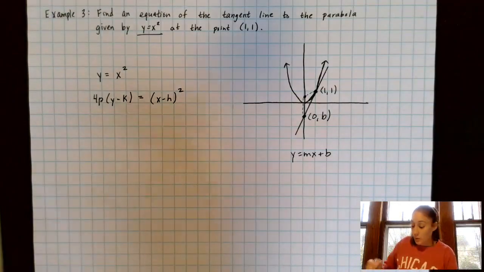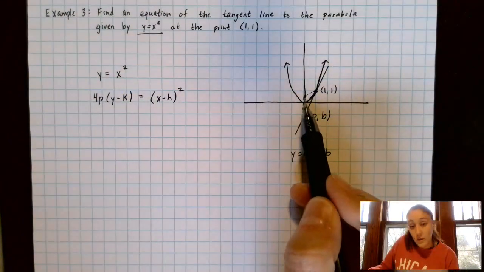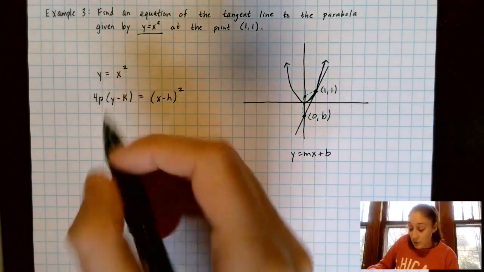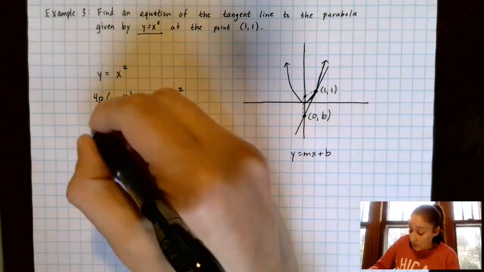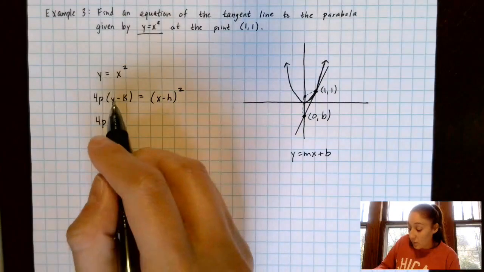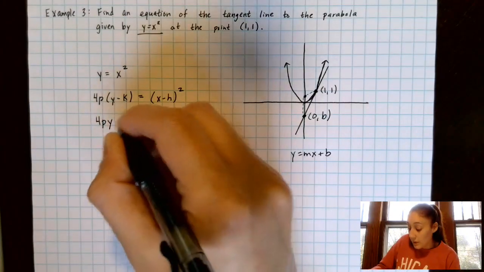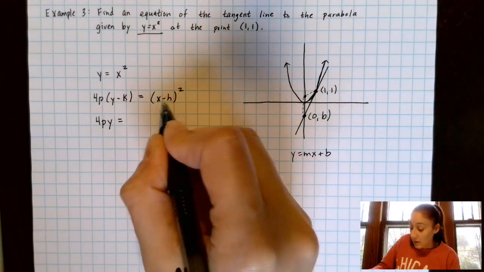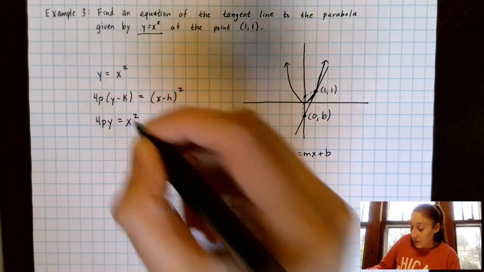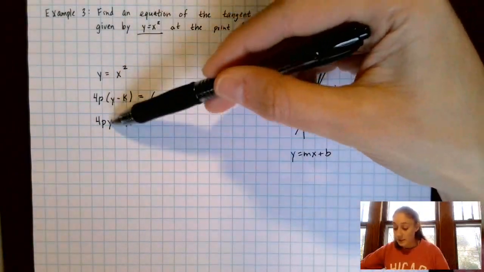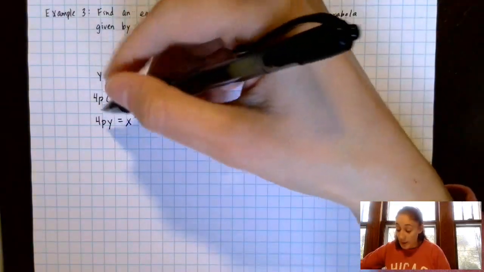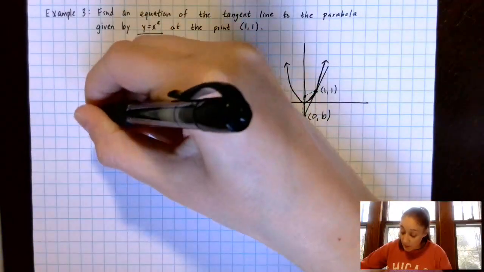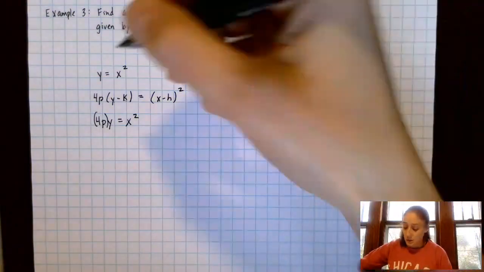We can tell here, and also by this equation, that the center h, k are both 0. So we actually have 4p times y minus 0, which would just be y, and x minus 0 would just be x. You can see how things are starting to look like each other. I basically have the y's, but this right here looks a little bit different.